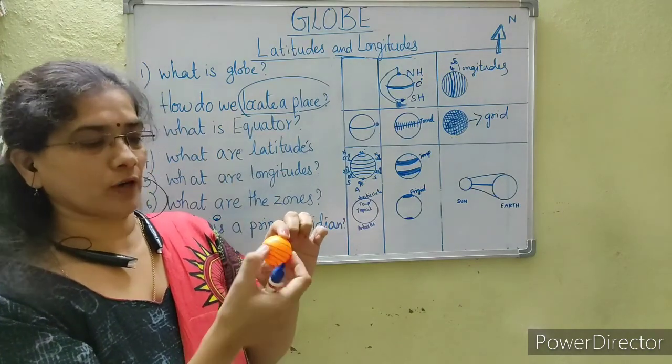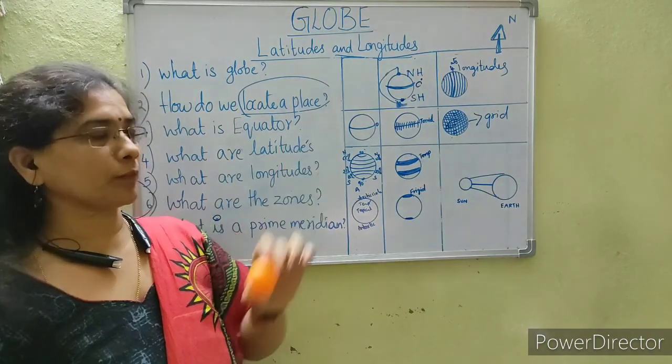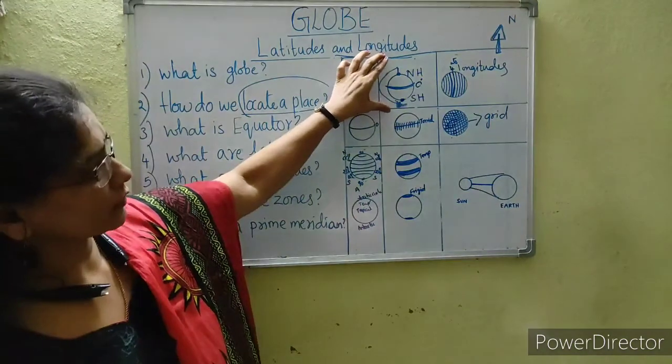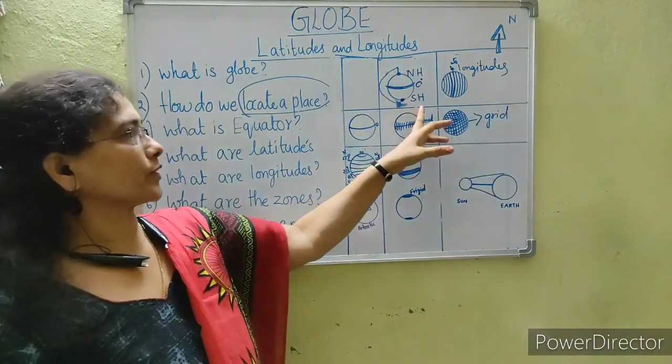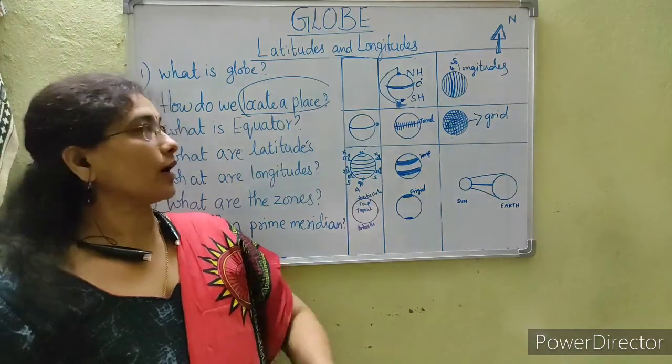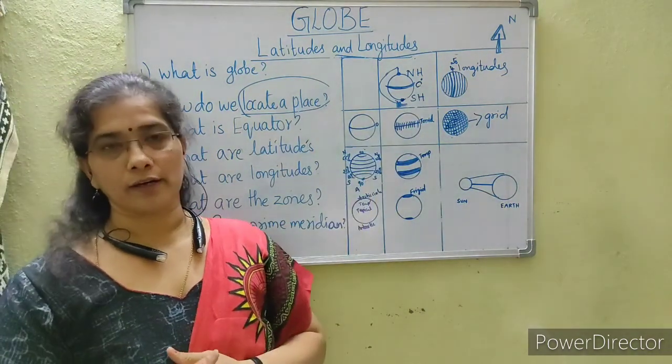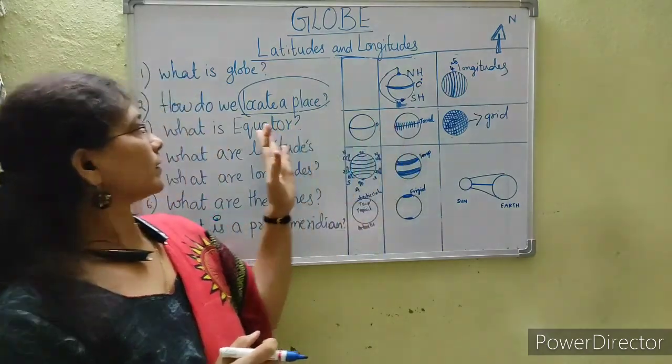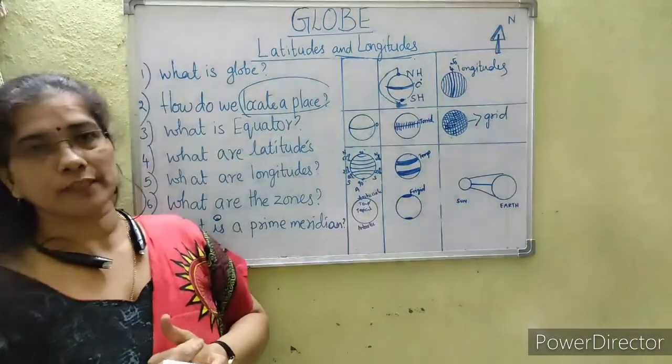So this is a ball that you have all seen in your schools. I think from your third, fourth standards your social teacher might have explained it to you, taking a small globe in hand.